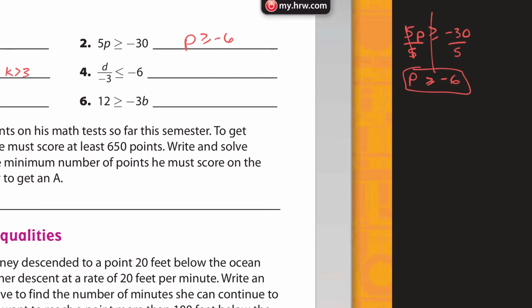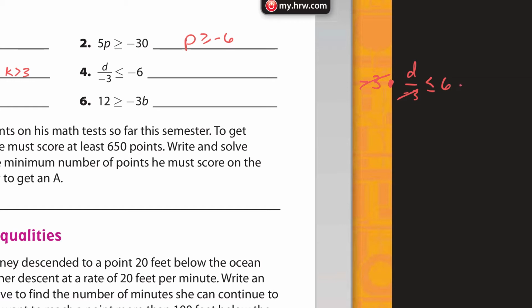Number 4, let's see. Let me erase this here. So for number 4, you got d divided by negative 3 is less than or equal to 6. So this is division right here, and the inverse of division is multiplication. So we'll multiply by negative 3, and when you multiply by negative 3 and divide by negative 3, those actions just cancel each other out, which is the whole point.